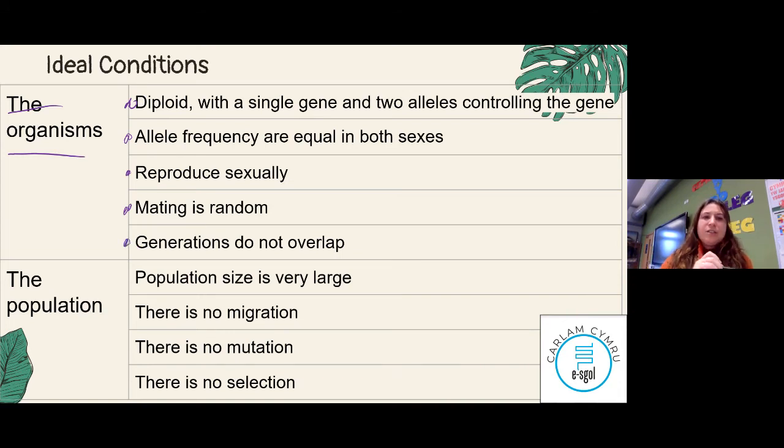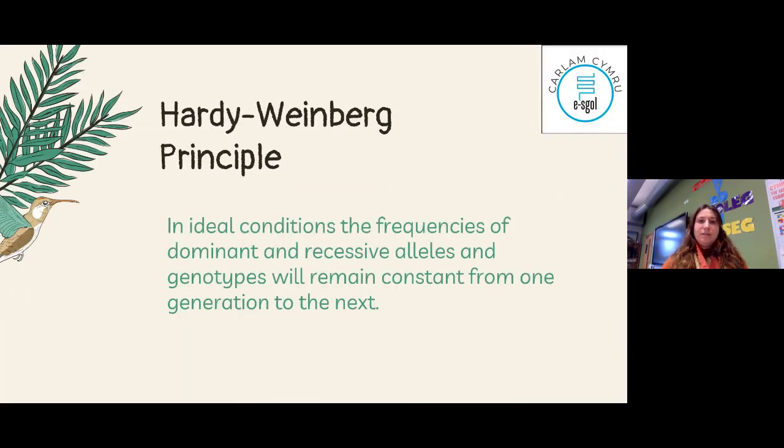And we need the generations not to overlap. Okay, so you can see these ideal conditions aren't always available, but this is what we're basing this on. The population size needs to be very large. There needs to be no migration, no mutation, and no selection, okay? So these are the ideal conditions that we're looking at for Hardy-Weinberg principle.